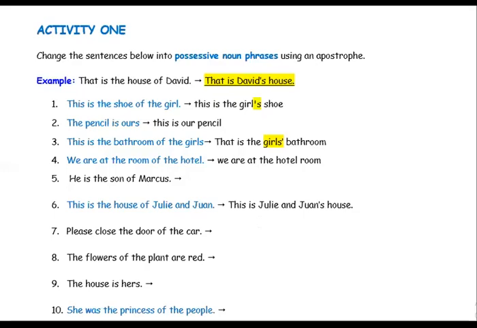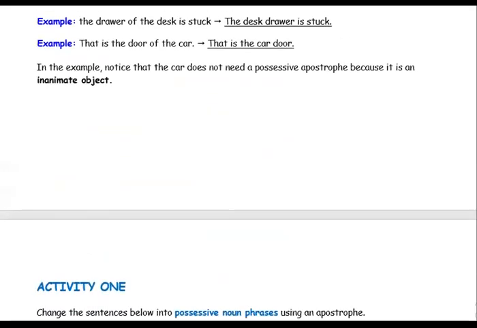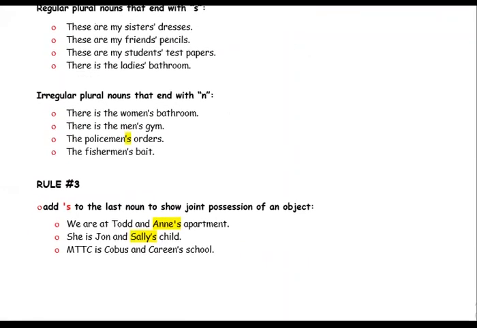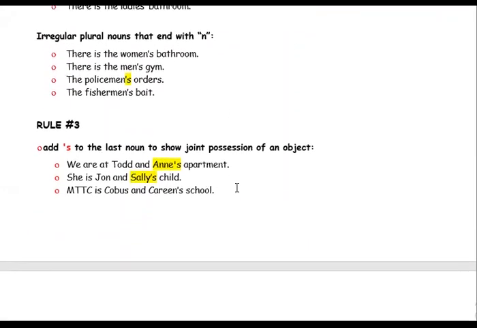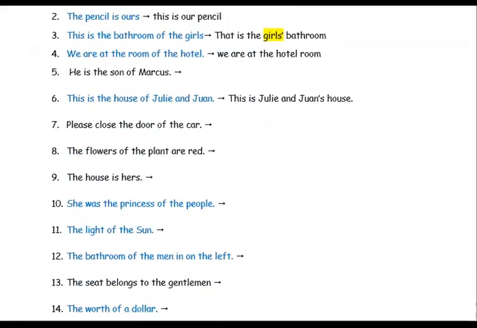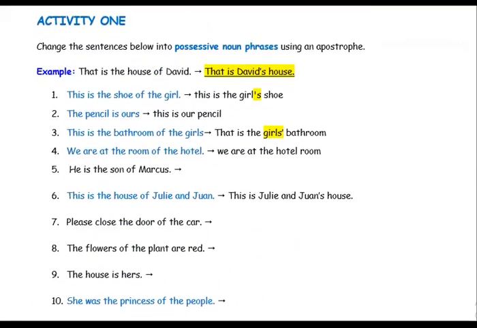Let me go back to an example here. Remember when we said that MTCC is Kobus and Kareem's School, and the apostrophe only came at the second word. It doesn't sound right to say MTCC is Kobus's and Kareem's School. Okay, all right, next one.